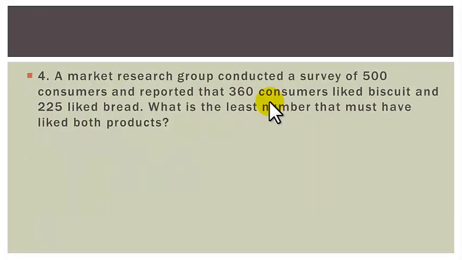Number 4. A market research group conducted a survey of 500 consumers and reported that 360 consumers liked biscuit and 225 liked bread. What is the least number that must have liked both products?